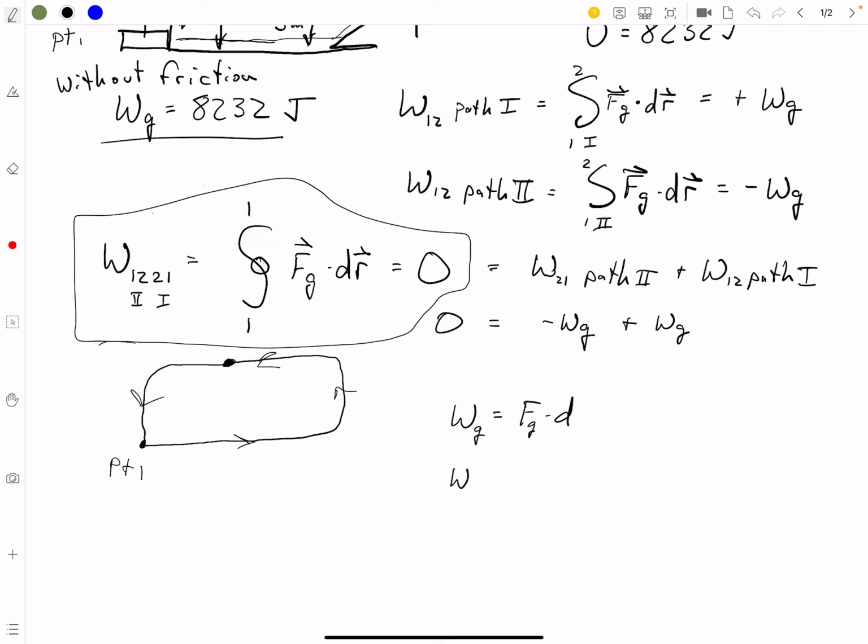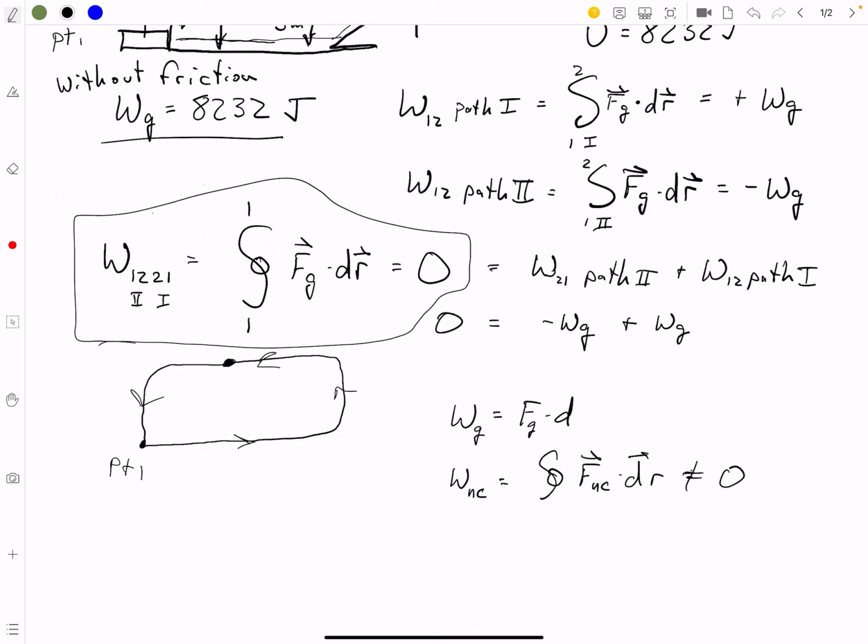If we're going to think about non-conservative forces or friction, NC for non-conservative, well, that path integral for some non-conservative force dot dr is not equal to 0, okay?